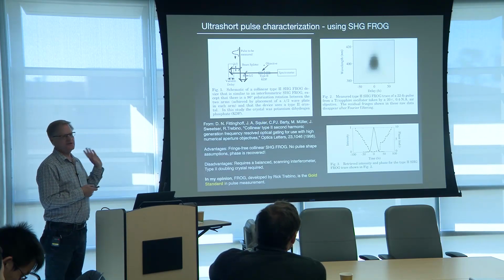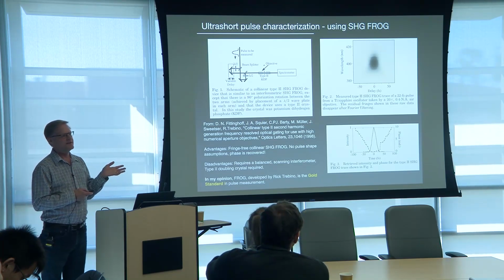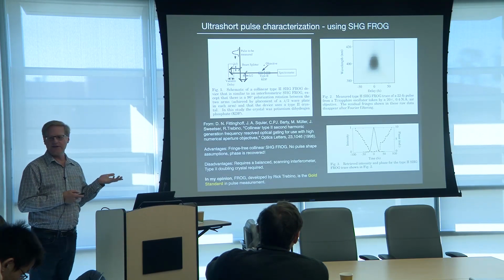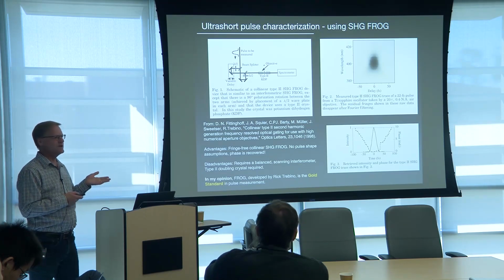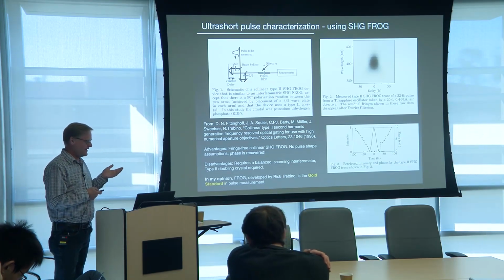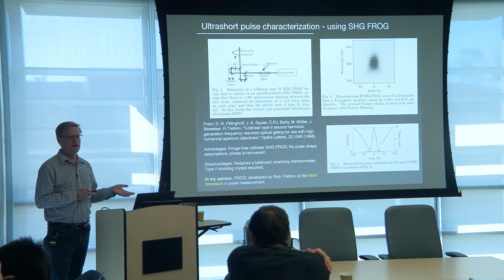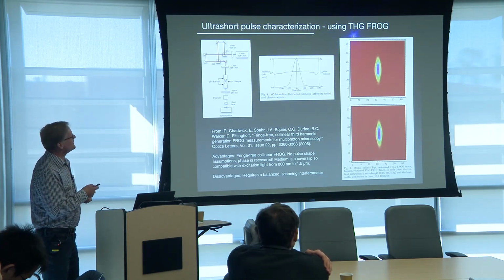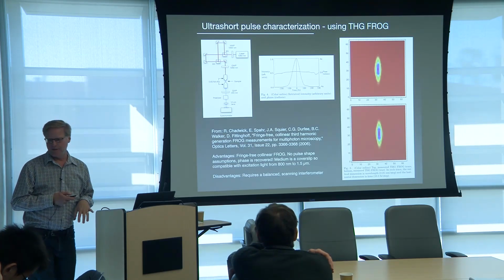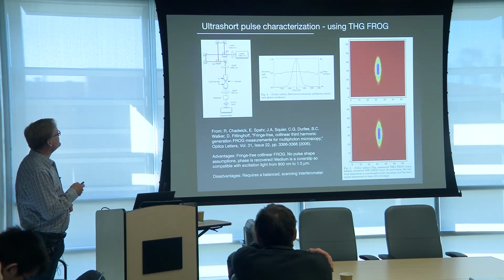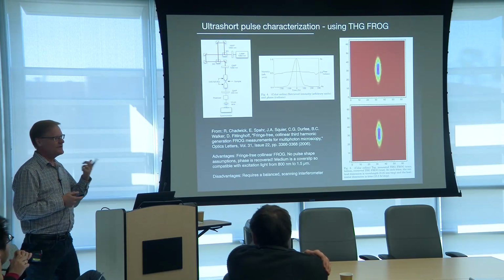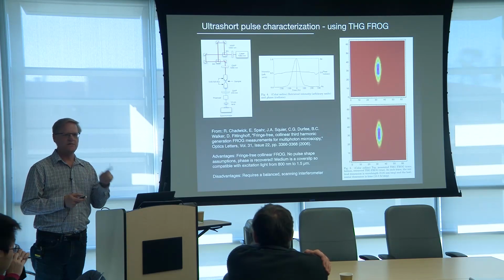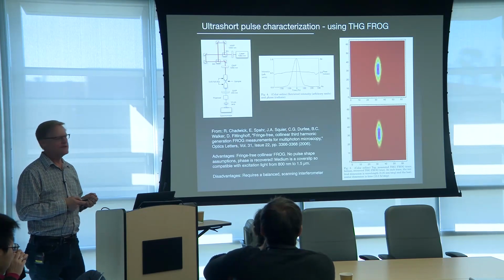But there's good news on the horizon now. After I got inspired by this, I realized, wait a second, I can actually pull a really clever trick with my cover slip in third harmonic. And so that gave us third harmonic generation FROG inside of a microscope. Now I've got the same interferometer, and if you've done any kind of third harmonic imaging, the third harmonic goes away with perfectly circularly polarized light.